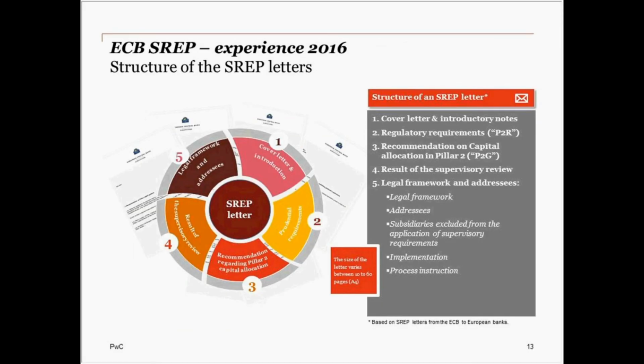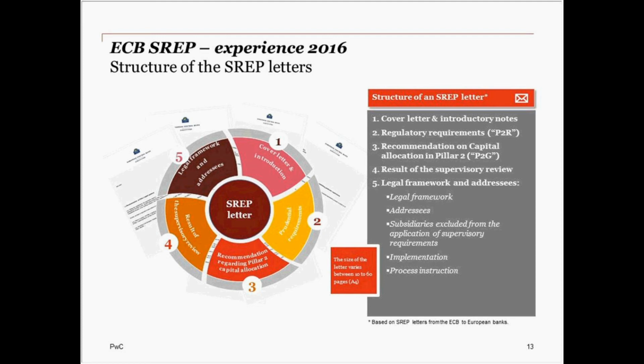So, moving on, what is our experience from last year's ECB SREP, and what findings and points did we identify from the SREP letters we examined? Maybe first of all, it's interesting to have a look at the structure of an SREP letter. And maybe what is very important for you is we have a change in the SREP add-ons as compared to last year.